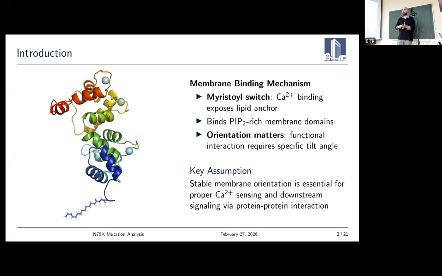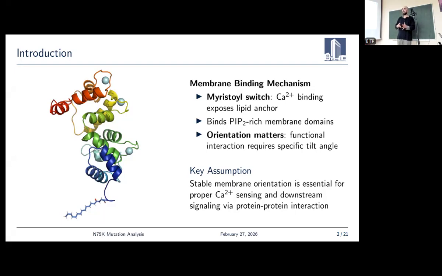Typically, in experimental practice, we suppose that this protein binds either one or two calcium ions in a wild cell. This is a structure from X-ray crystallization, so it may be incorrect in some ways.